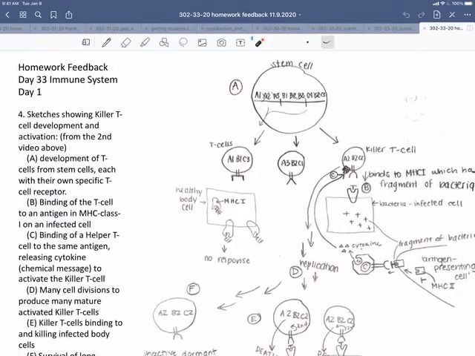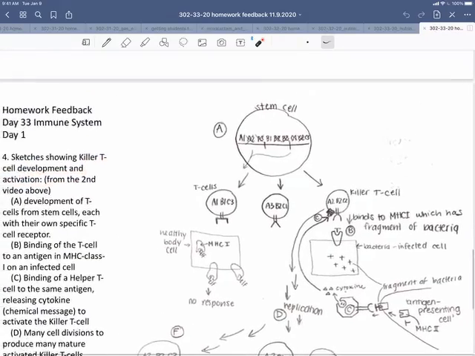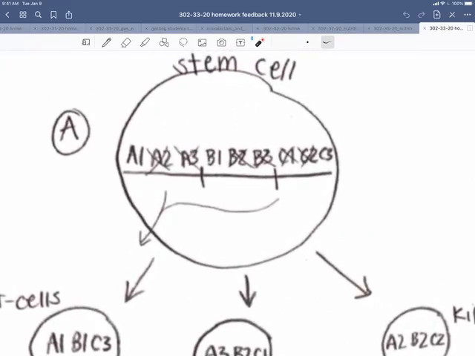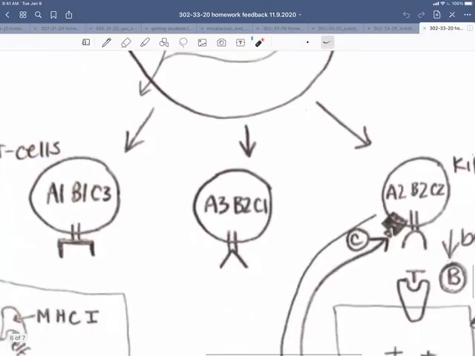Finally, the last video was showing killer T cell development and activation, showing a stem cell here with the different subunits simplified a bit, A, B, and C. We need one of each, in this case A1, B1, C3.